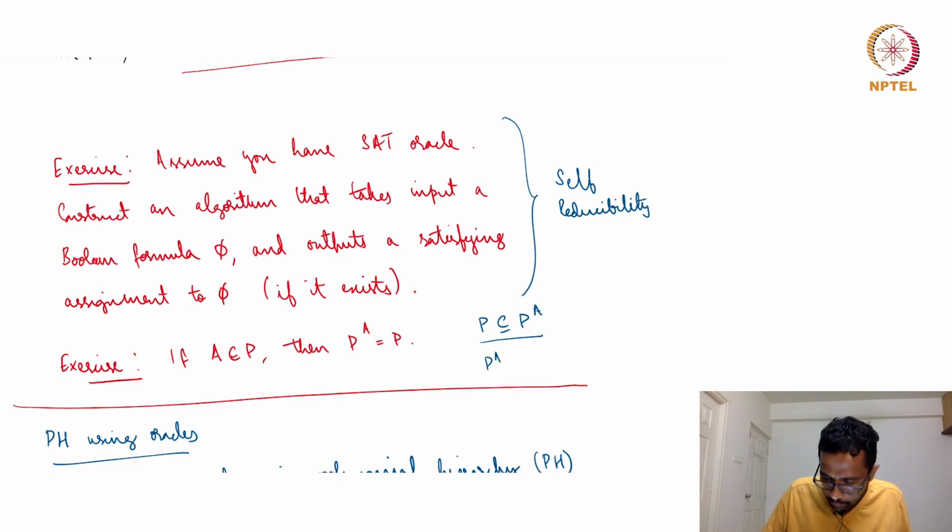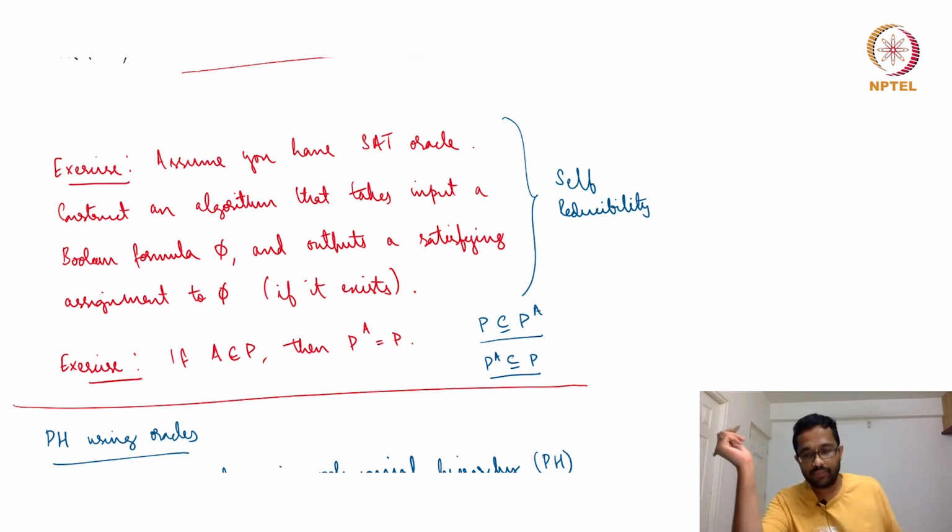But for the other direction, we have to show that P with access to an A oracle is contained in P. This is not very difficult to see because A itself is in P. A is decidable in polynomial time.